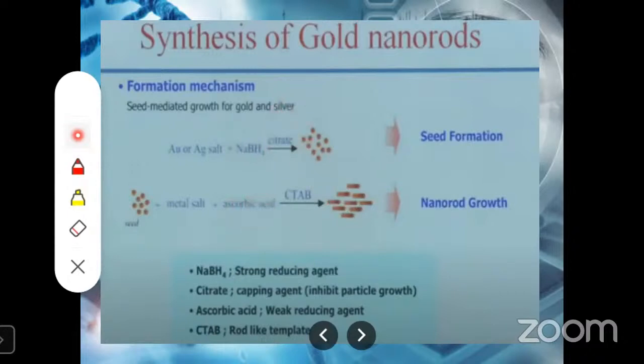Ascorbic acid here is a weak reducing agent, and CTAB is a rod-like template. First the seed formation will take place, and in the second step, seed-mediated growth, for gold as well as for silver.